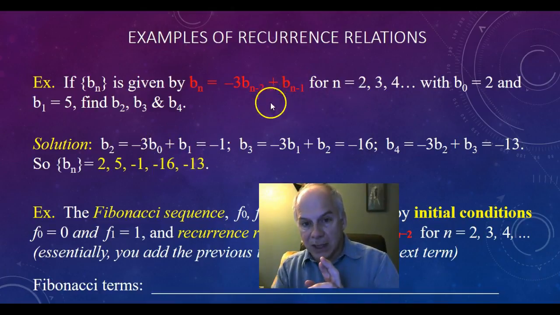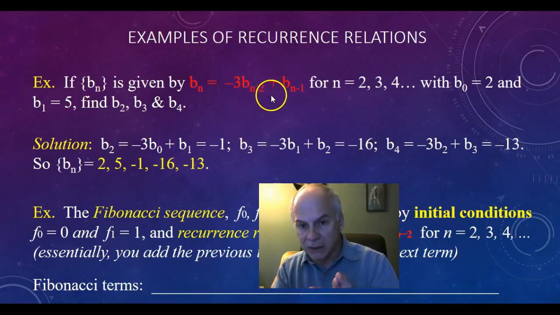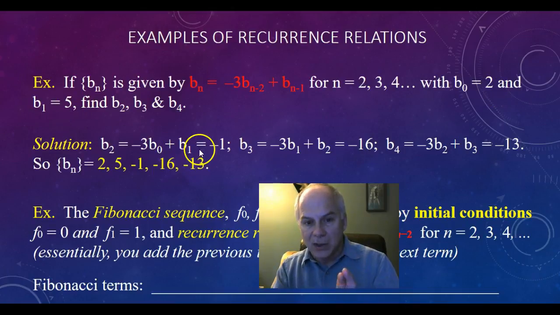So the first thing I do is I plug in 2 and I figure out which terms I'm going to use here. In this case, I'd use b sub 0 and b sub 1. And then I'd look up what those are. Well, it gave me that b sub 0 was 2 and b sub 1 was 5. So I plugged those in.